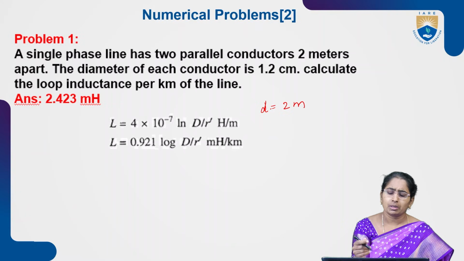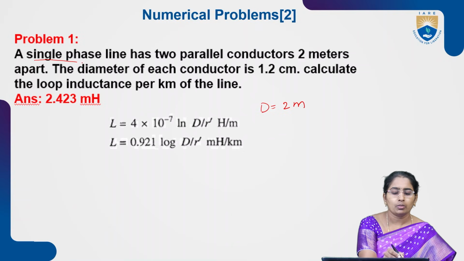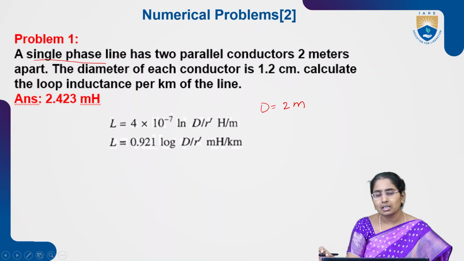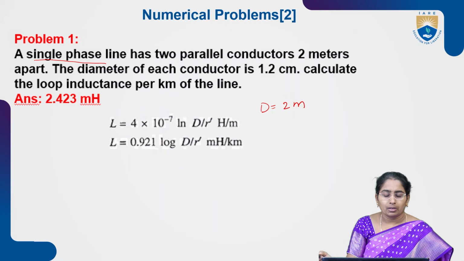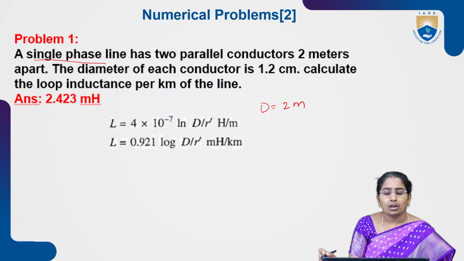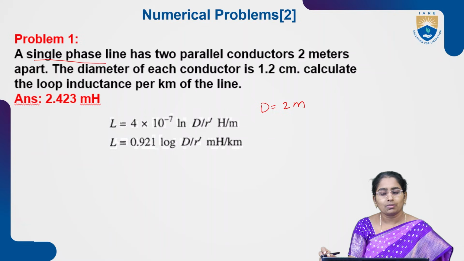Say the distance between the conductors is capital D. Look at the line given. Is it a single phase line or a 3-phase line? Because we'll have the expression for the single phase line and also the 3-phase line. Now, it is given as a single phase line. The distance between the conductors is 2 meters.